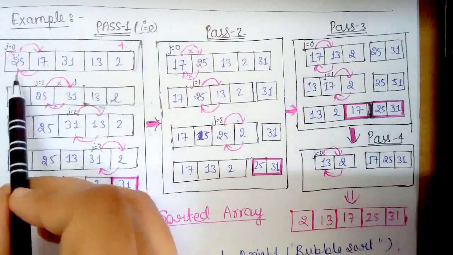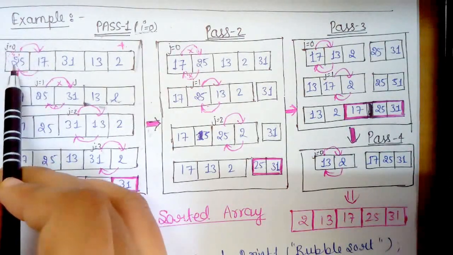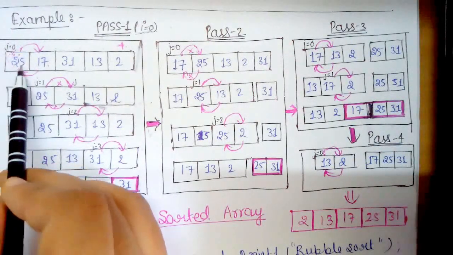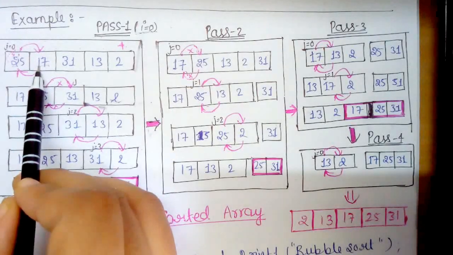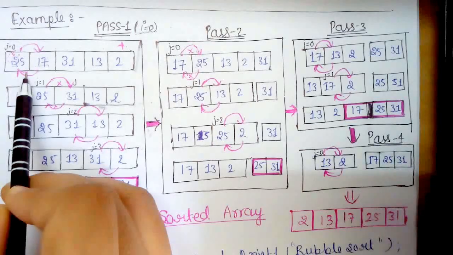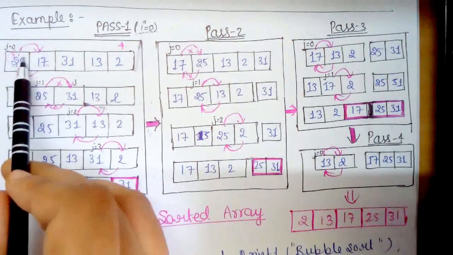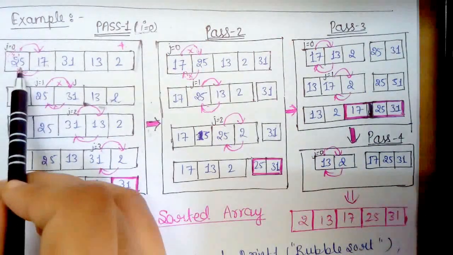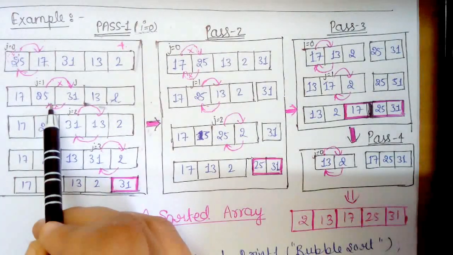If a of j is greater than a of j plus 1, I will swap these two values so that they get their correct position. I have compared 25 and 17. 25 is greater than 17, so I have swapped these two values.